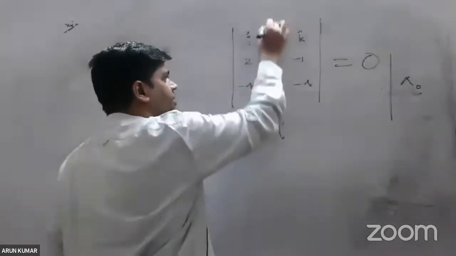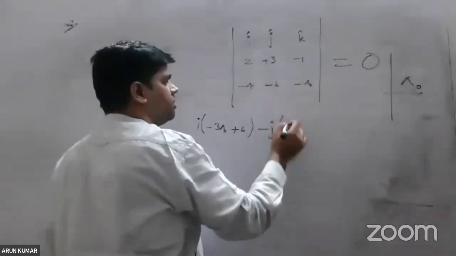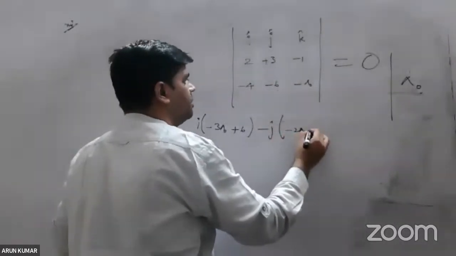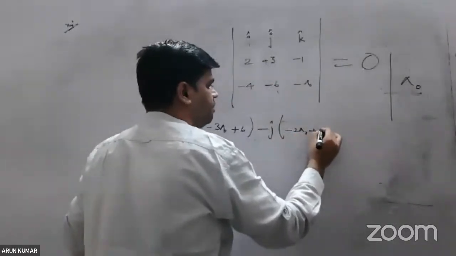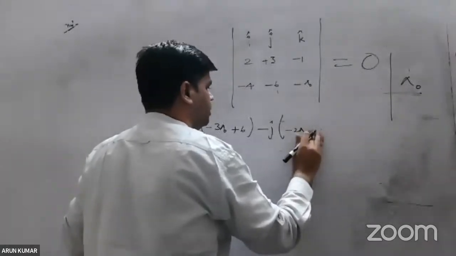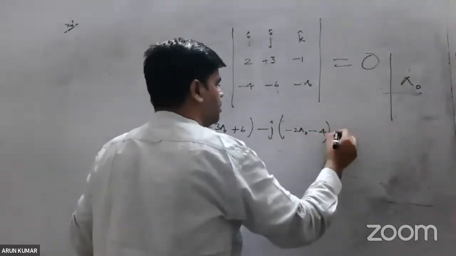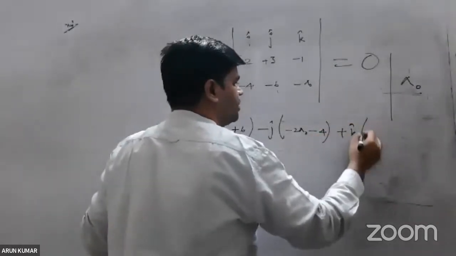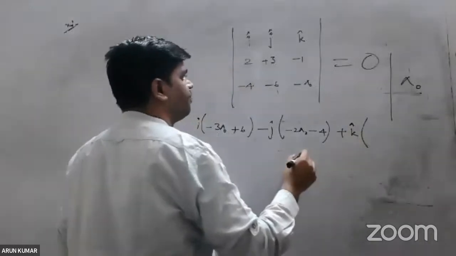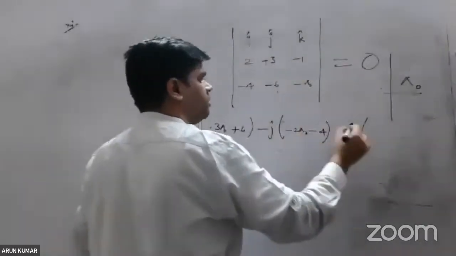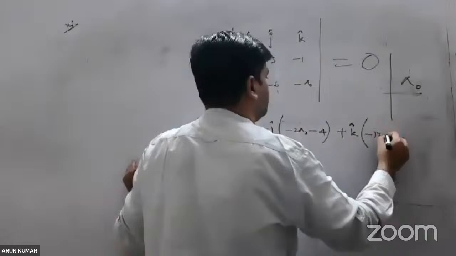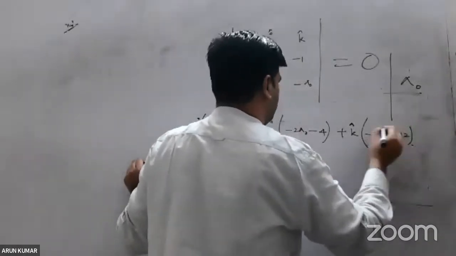Now this one becomes bound. Now it is minus 2 lambda times minus 4. Minus 4 plus k cap times minus 12 plus 12, right?